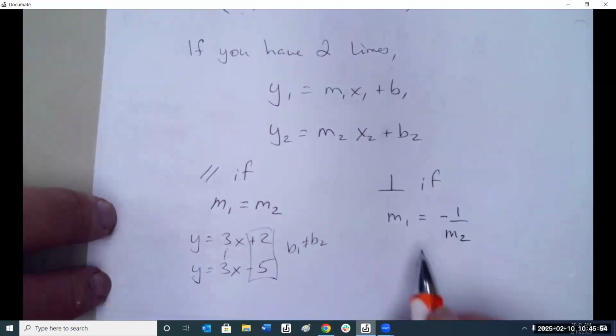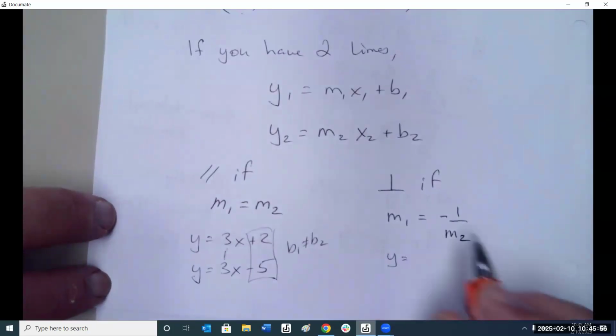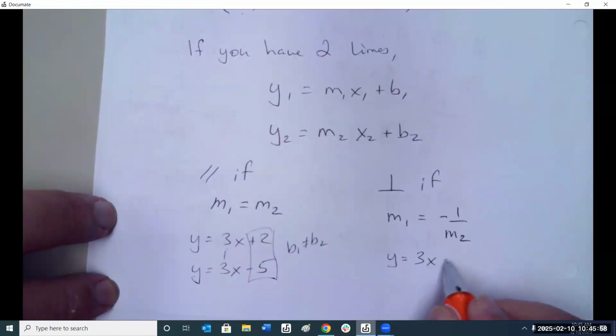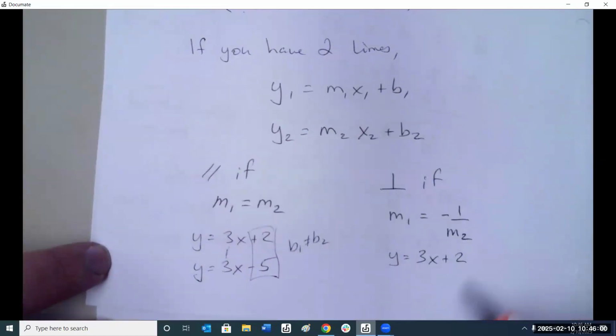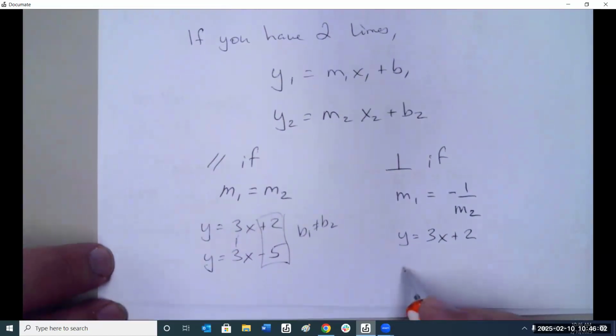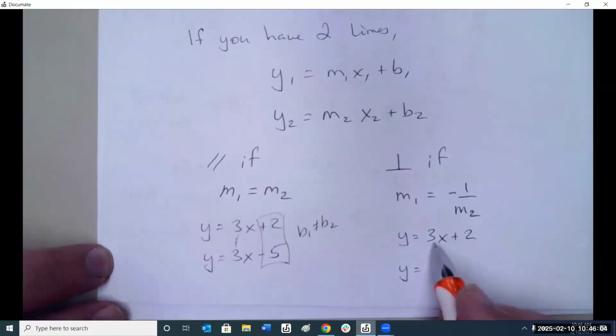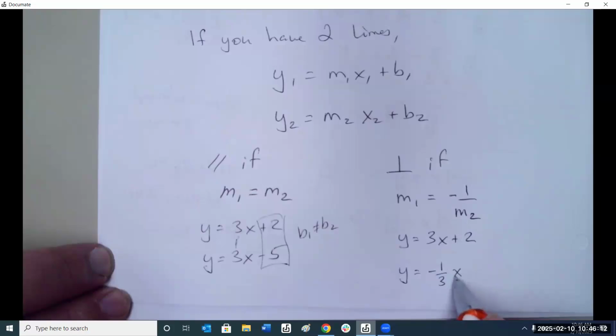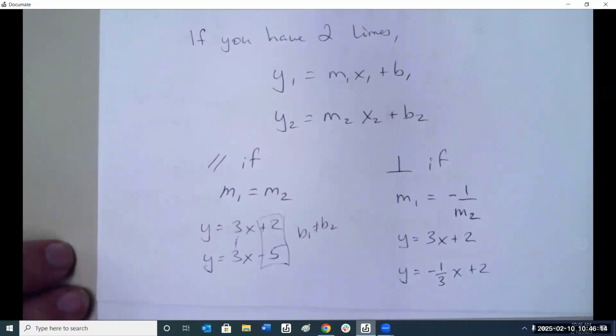To be perpendicular, the y-intercept doesn't matter. It's just the slope that matters. If the slope is 3, what's the perpendicular slope? -1/3. Because remember, 3 is 3/1. Flip it and change the sign. That's how you know if they're perpendicular.